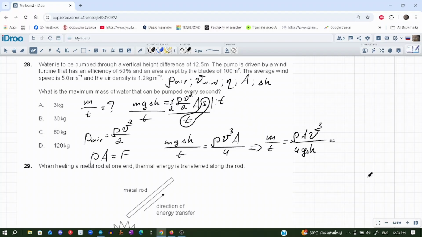And let's calculate it: 1.2 times 100 times 125 over 40 times 12.5, and we will get 30 kilograms per second. Option B.